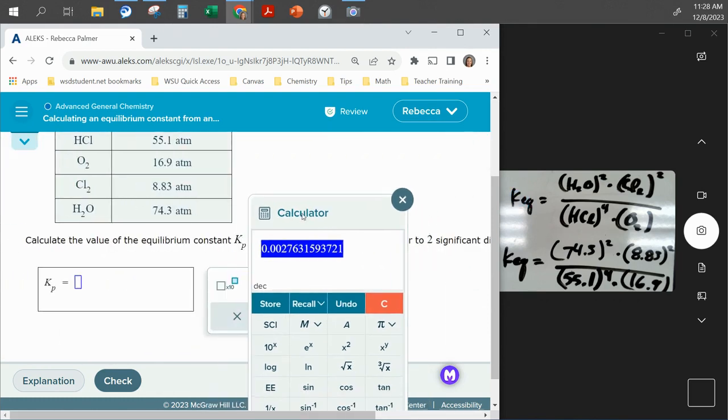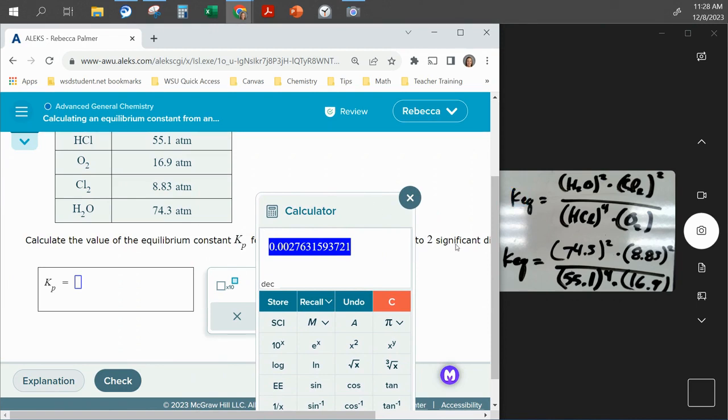Oh, this still says 2. Okay, so this one might be one where they tell you what to round it to on the test, because 2 is different than all the numbers that we have. So I'm going to put it in scientific notation with my calculator. So I'm just using this button. And if I round to 2, then that's going to be 2.8 times 10 to the... oh, is it?